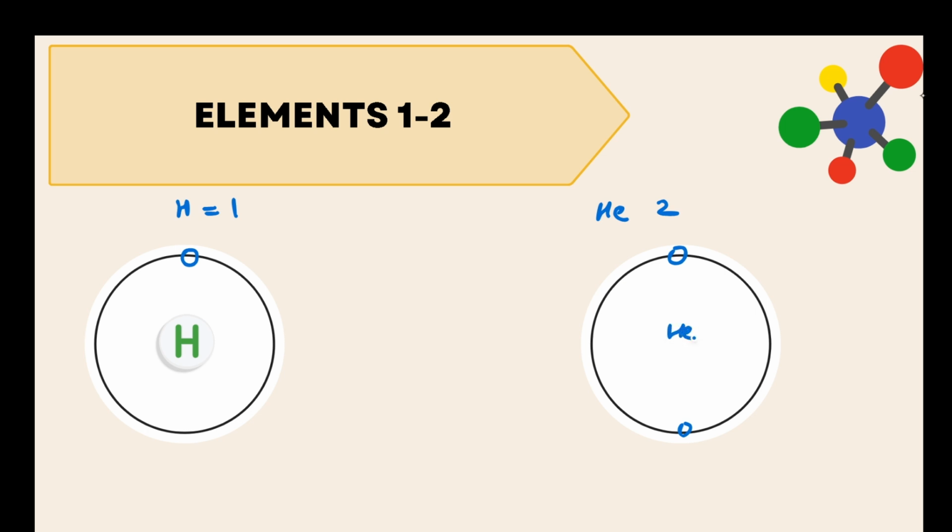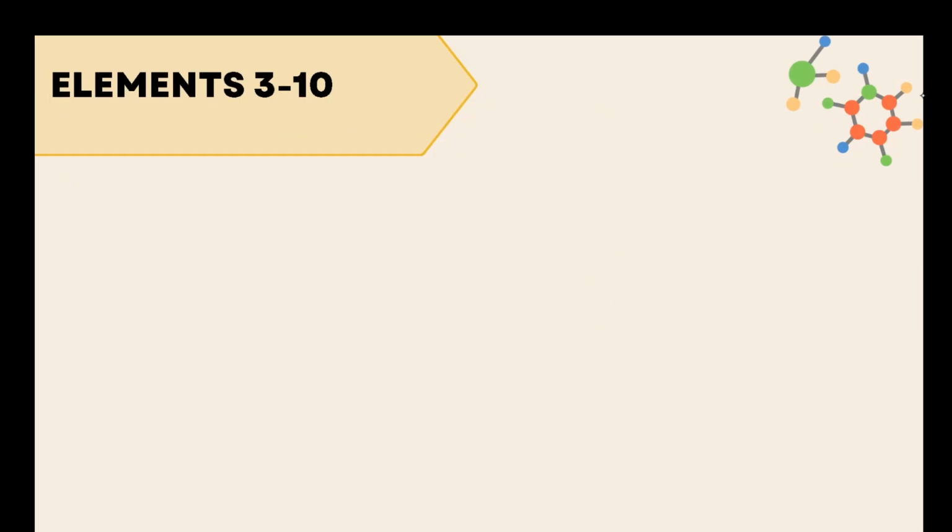The nucleus is here. Hydrogen and helium are the first 2 elements, so the electrons fill in from the innermost shell first. That is the simple electronic configuration of hydrogen and helium.